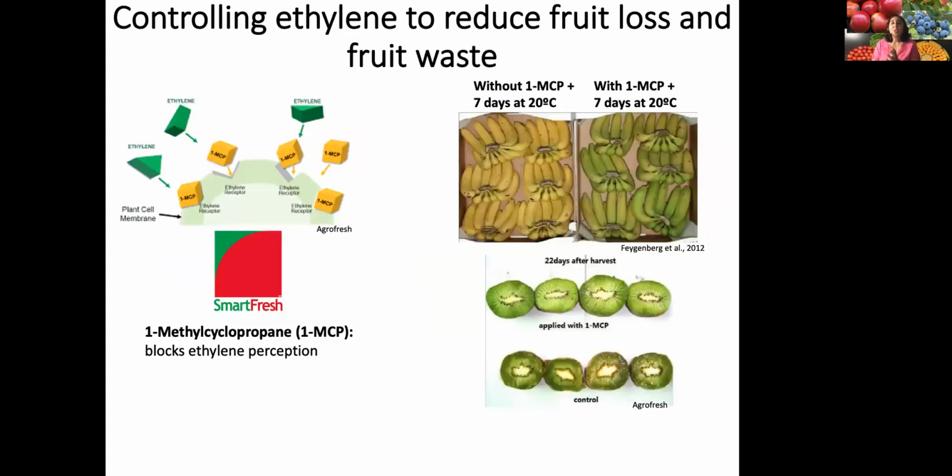And finally, I just wanted to give you an example of how we commercially, and this is broadly used in the industry, try to regulate the production of ethylene in fruits, and specifically in climacteric type fruits, because climacteric fruits are the ones that can ripen after being harvested because they will have this huge increase in ethylene.